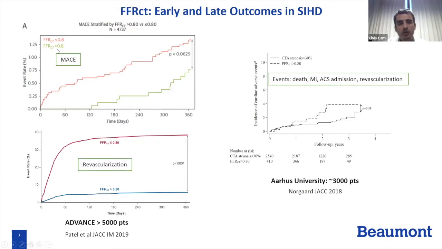And if you're greater than 0.8, that's considered negative. So their event rate, their outcome, again, much lower in the patients that had a negative FFRct, and the revascularization, meaning stents, bypass, again, FFRct of greater than 0.8, much lower than the ones that were positive.